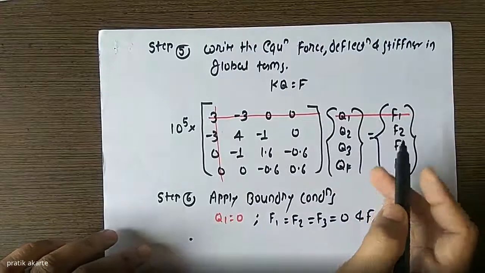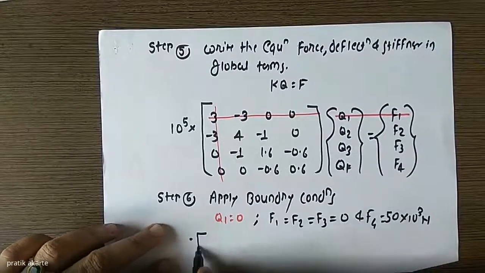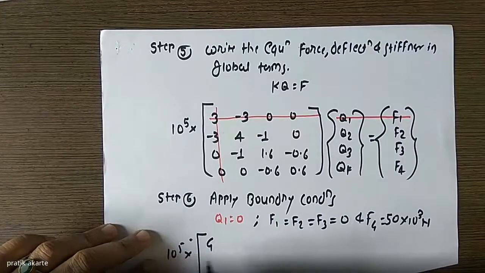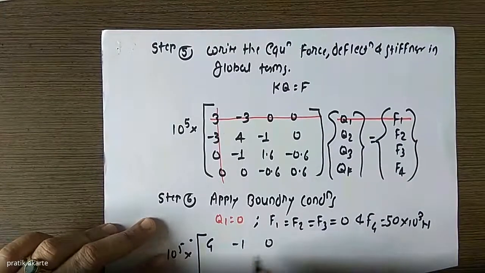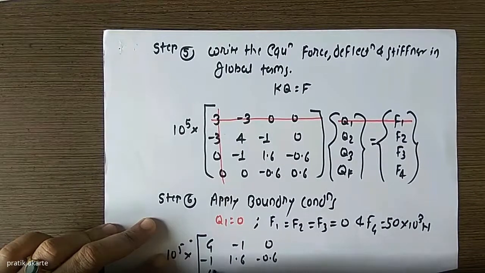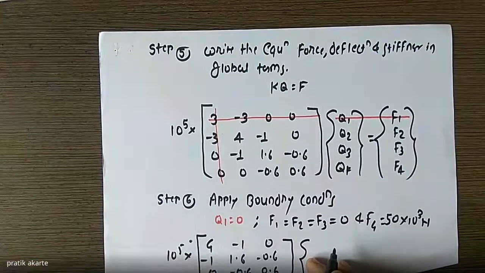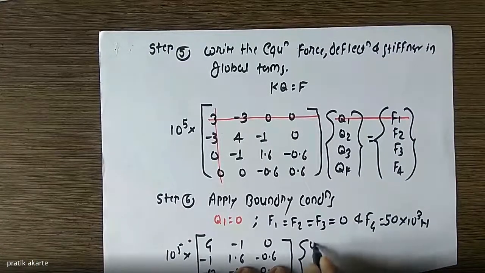Rewriting this equation, I get 10 raised to 5 into 4, minus 1, 0, minus 1, 1.6, minus 0.6, 0, minus 0.6, 0.6, times Q2, Q3 and Q4.